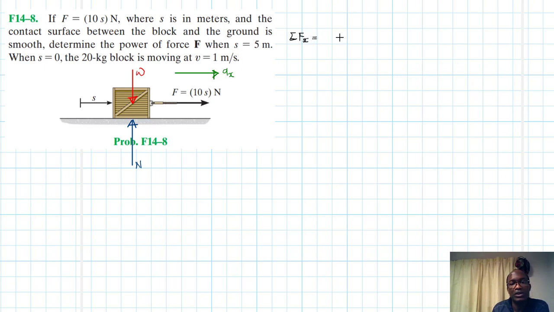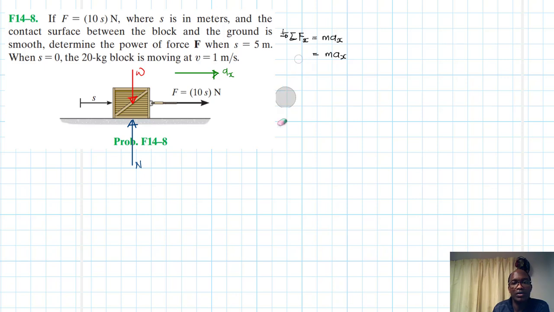So the summation of forces in the x direction is just equal to m a_x, and we have 10 s equal to m a_x.